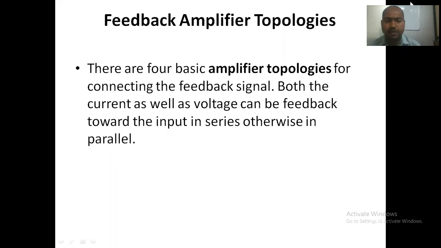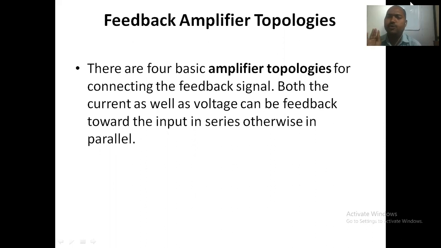There are four basic amplifier topologies for connecting the feedback signal. Both the current as well as the voltage can be fed back towards the input, in series or in parallel. So when we discuss topology, two things must come: one is voltage, the other is current, and how it is connected, either series or parallel. That's why accordingly we have the words voltage, current, series and shunt.